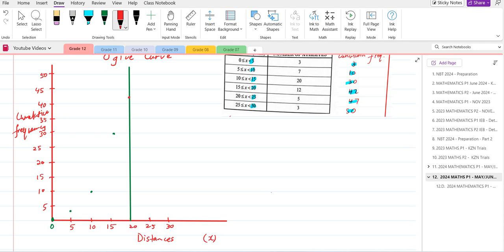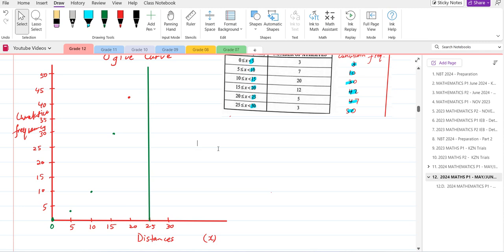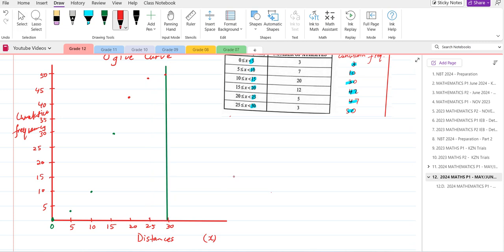Next point is 25 and 47, which is obviously higher up, and then the next point is 30 and 50. So that's my last dot.